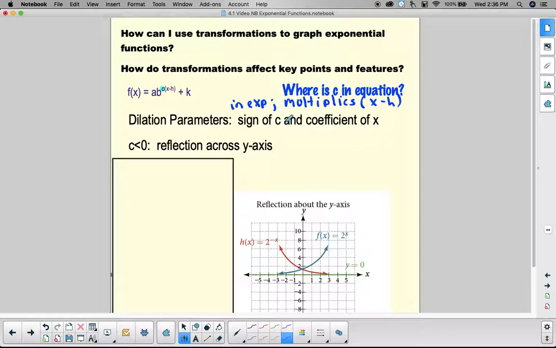The sign of c controls horizontal reflection across the y-axis.